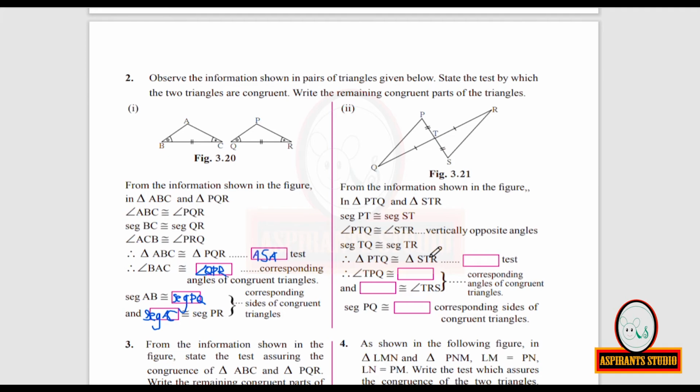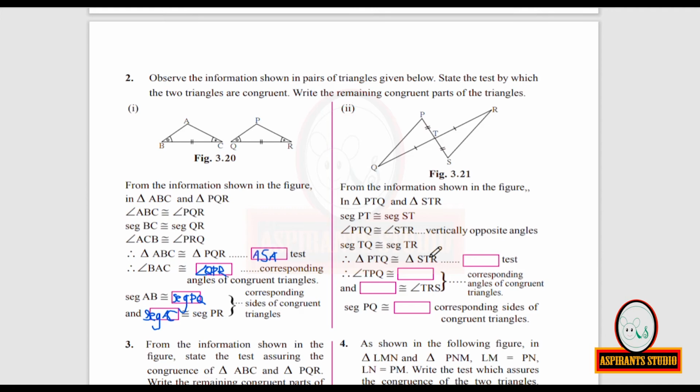All these things are given in the figure. Now we have to tell by which test these two triangles are congruent. These two triangles are congruent by SAS test because the vertically opposite angles become the included angles between the two sides of the triangles.